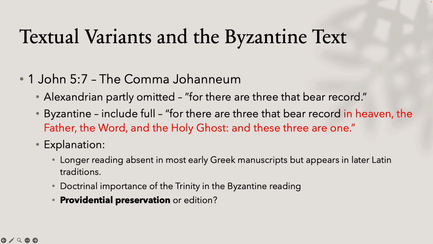So it's basically saying if it's genuine text, even though we have limited mention of it, if God allows it to be in the received text, which is used widely by most churches in history, then that's more about his providential preservation rather than evidence for it.